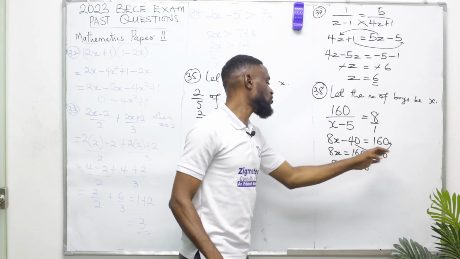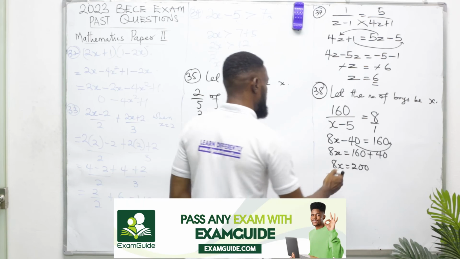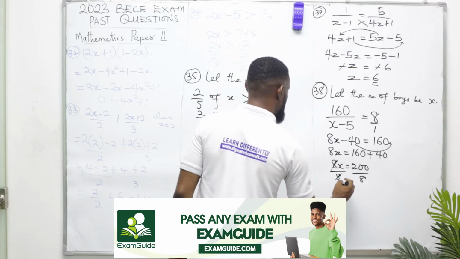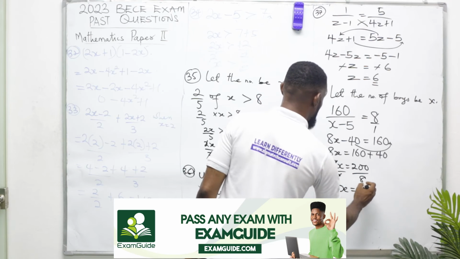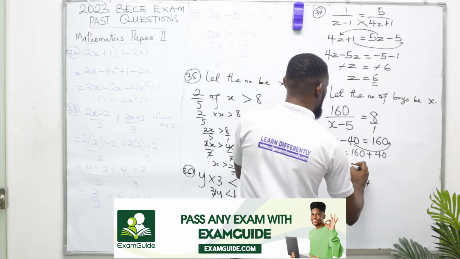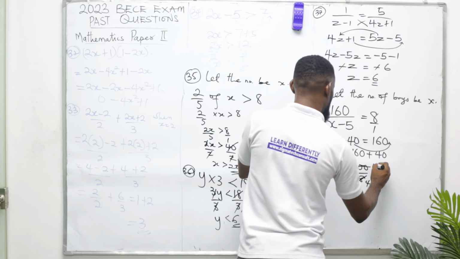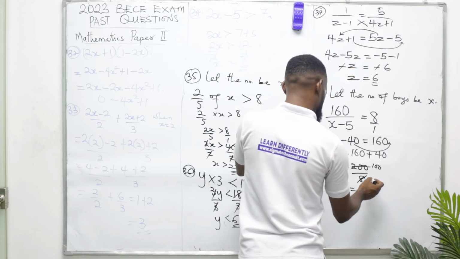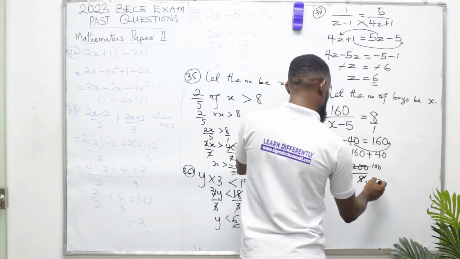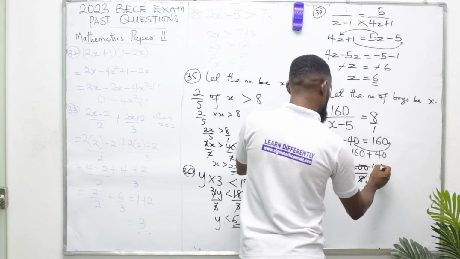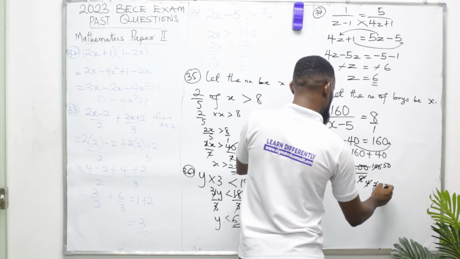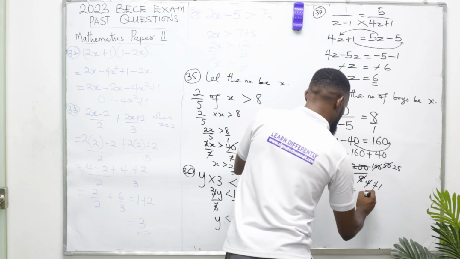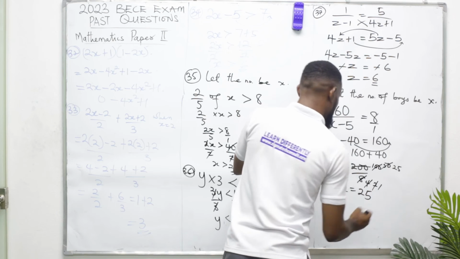Then 8 here, 8 here. We have x to be equal to... 2 here is 4, 2 here is 100, right? Oh yes, that is right. Okay, so 2 here is 2, 2 here is 50, 2 here is 1, 2 here is 25, right? So we have x to be 25, right?